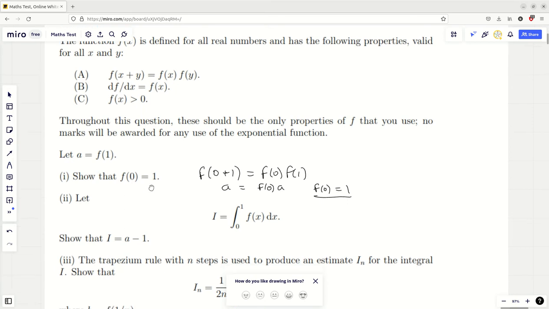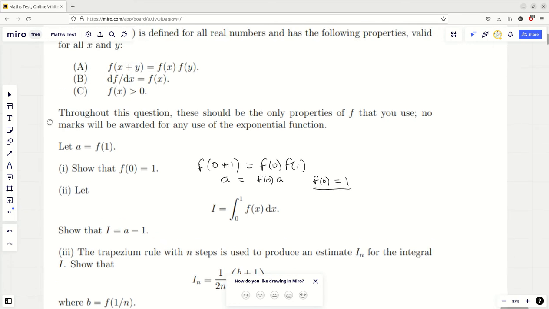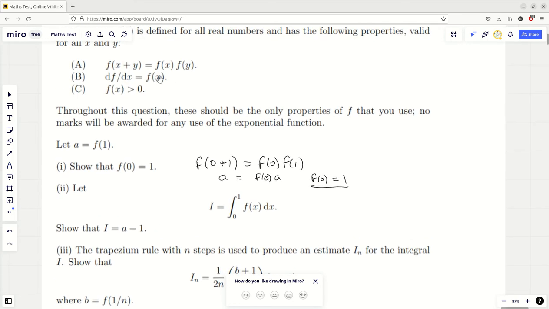Now, let's try part 2. Part 2 is not too bad either. Integrate f of x. Now, we've already said from property B, it differentiates to itself, so it's also going to integrate to itself, because, interestingly enough, you could integrate both sides of this equation, giving you f equals the integral of f of x dx. That's exactly what would happen if you integrate both sides of that equation.